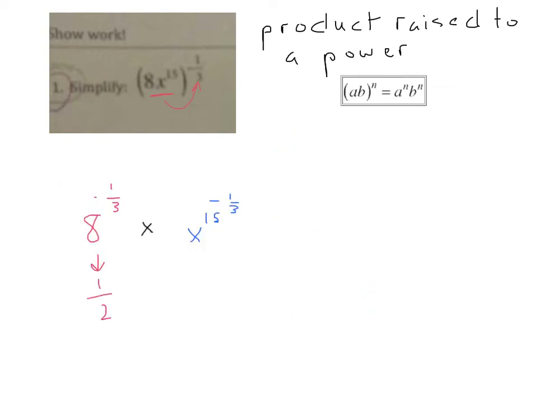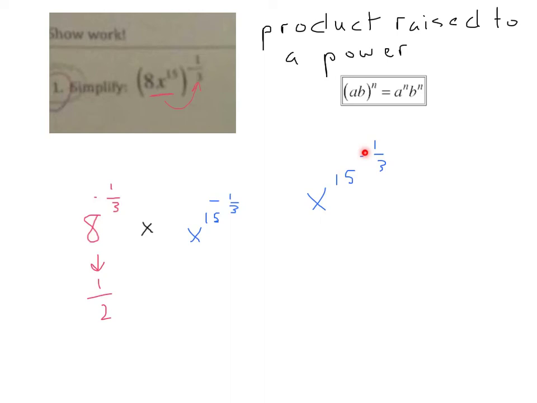So the last part is x raised to the 15th, and that whole thing being raised to the negative 1/3. So basically what happens when we have a number being raised to a power, which is then being raised to another power? In that case, we multiply the two exponents.